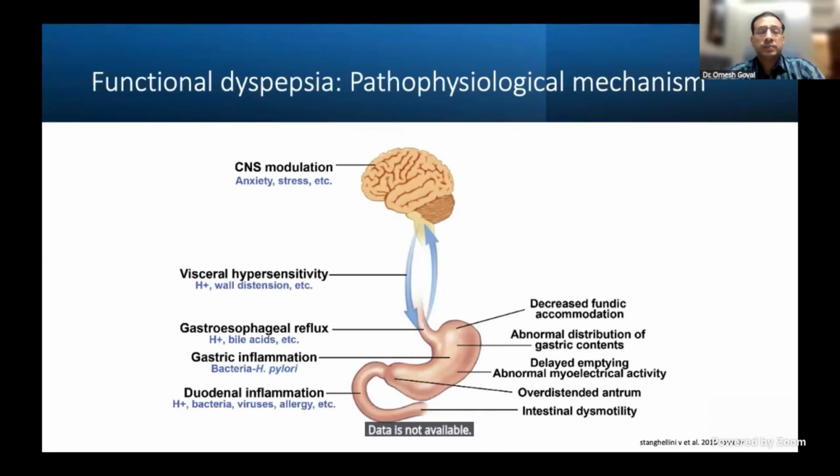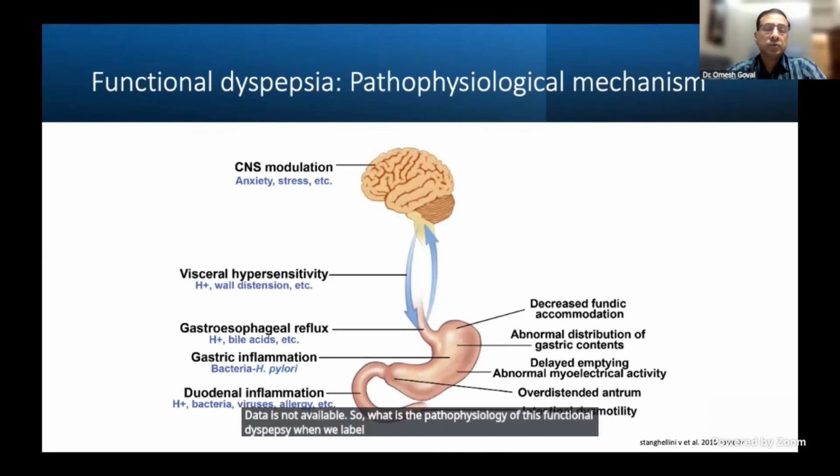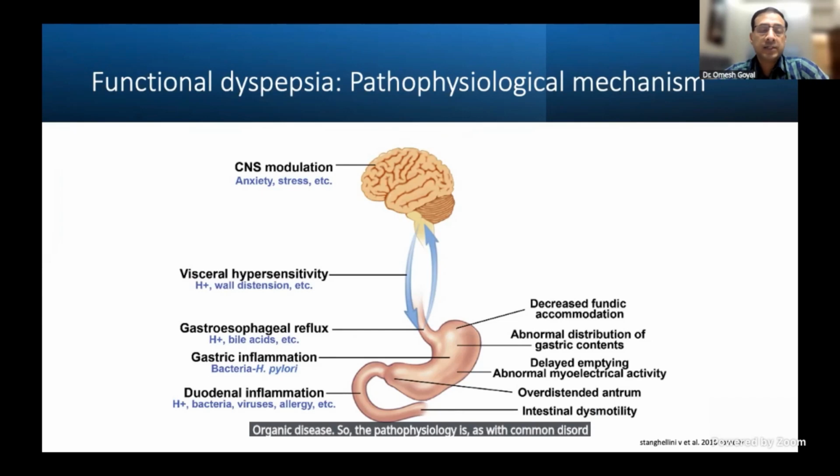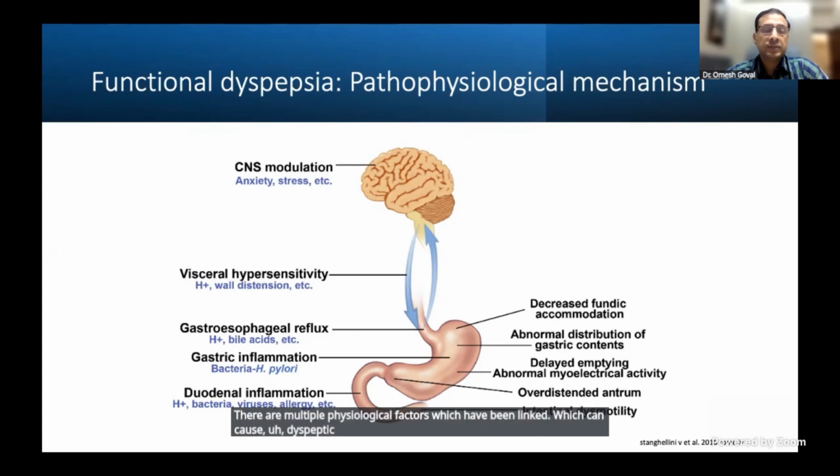So what is the pathophysiology of this functional dyspepsia when we label that there is no organic disease? The pathophysiology is as with common disorders of gut-brain interaction. There are multiple physiological factors which have been linked, which can cause dyspeptic symptoms, starting from CNS modulation.